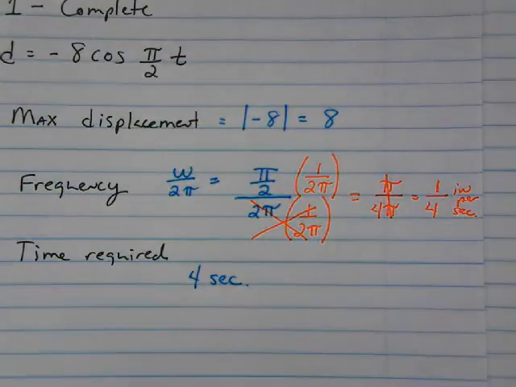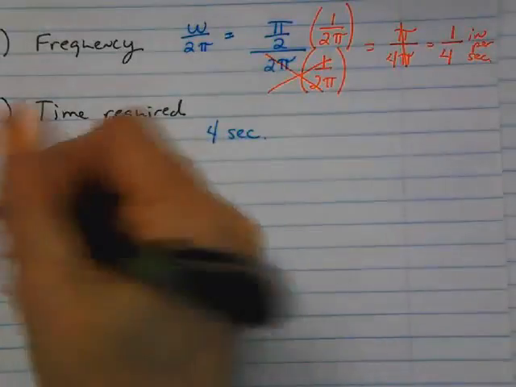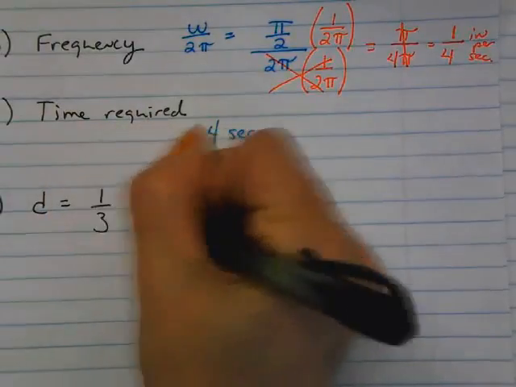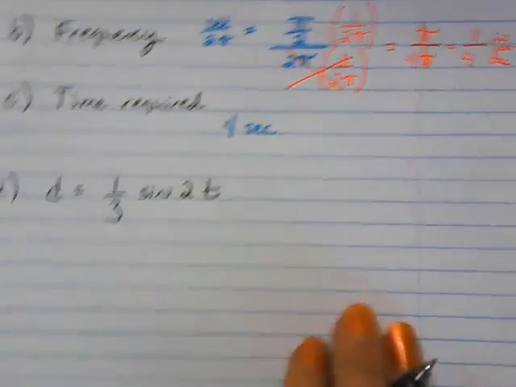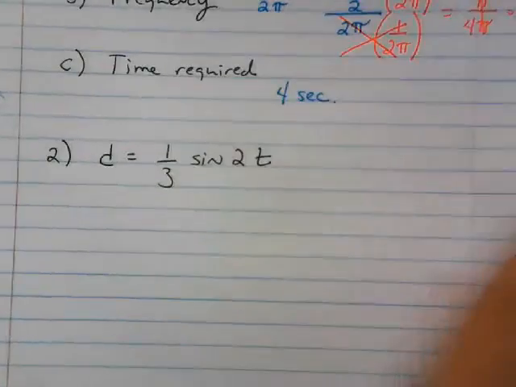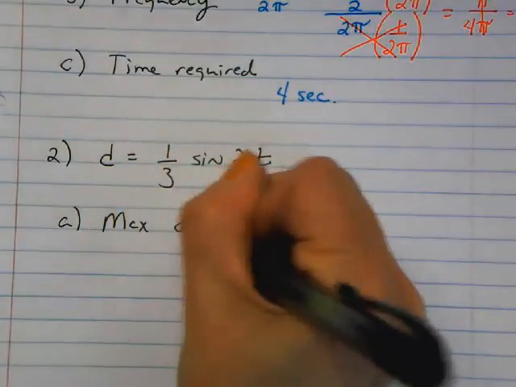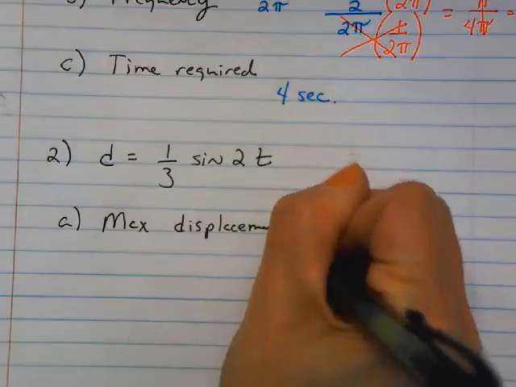Okay, let's try one more. Let's say d is equal to 1/3 sine 2t. Again, I would like the same thing. I'd like the maximum displacement. I'd like the frequency.